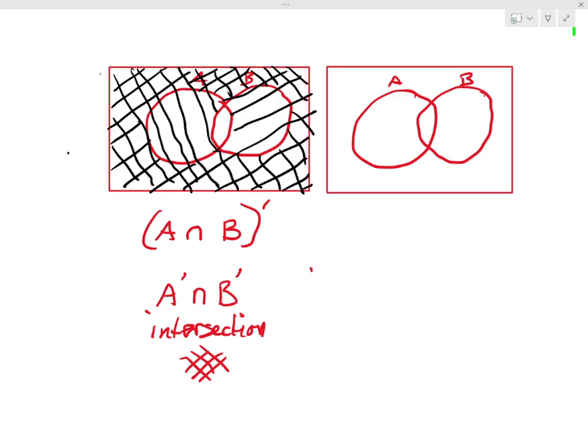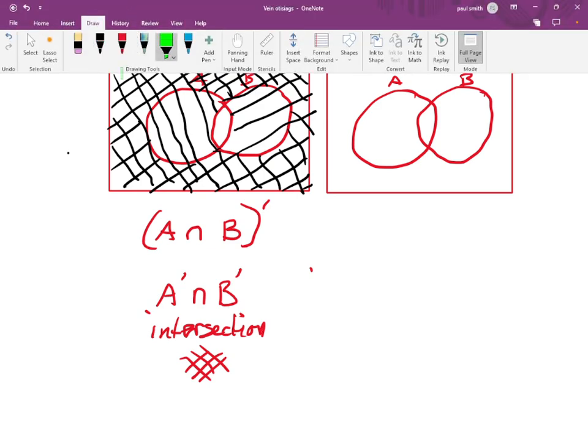So what does that do? Everything that's not in A, not in B, it's all this stuff around the outside, isn't it?